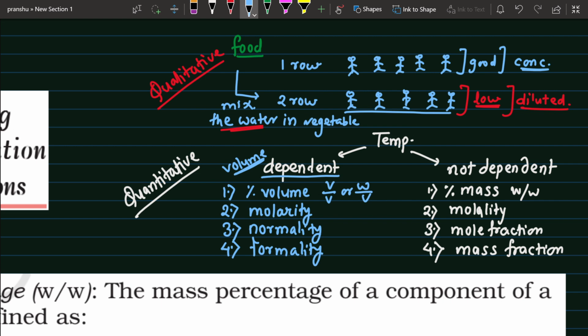These terms are temperature dependent. So this is also an expected question in the exam. It may be NEET or JEE or your board MCQ questions. So you have to focus on these terms: which terms are temperature dependent and which are temperature independent.